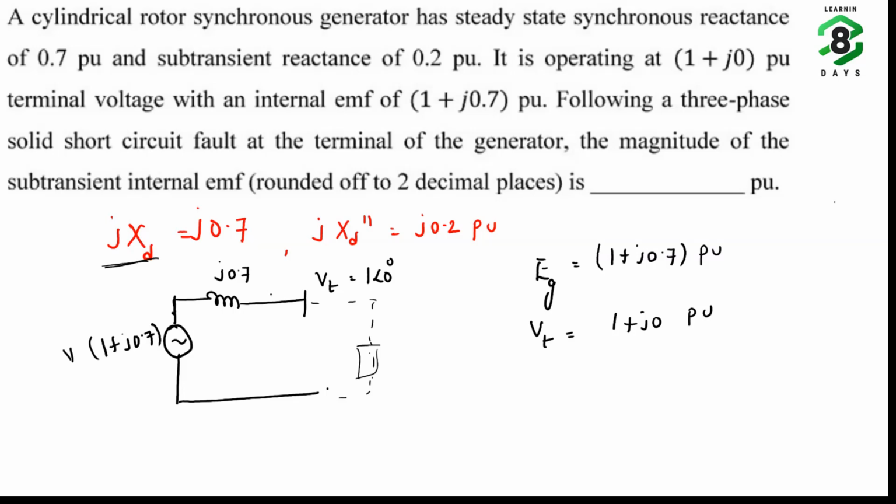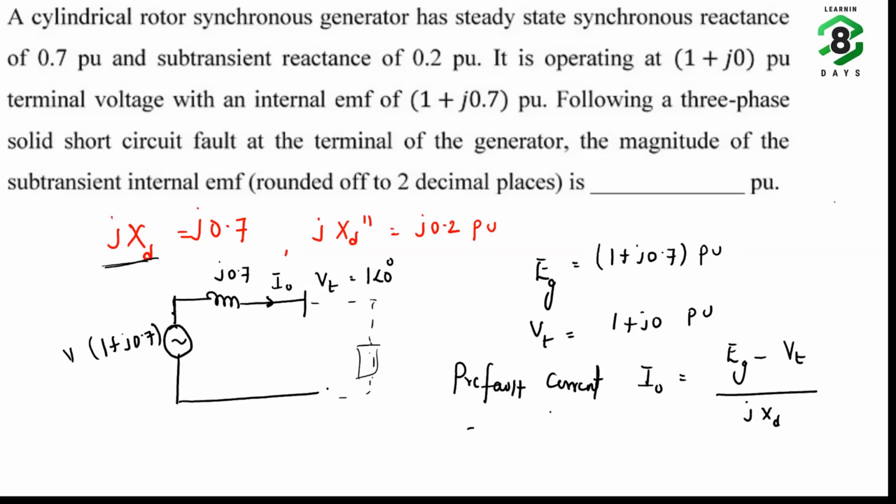Then how much current is flowing? What is the pre-fault current? The current flowing through the alternator before the fault, let us call this pre-fault current I naught. Its value is given by EG minus terminal voltage divided by the reactance, that is jXT, the impedance.